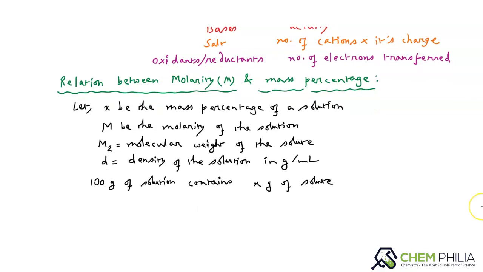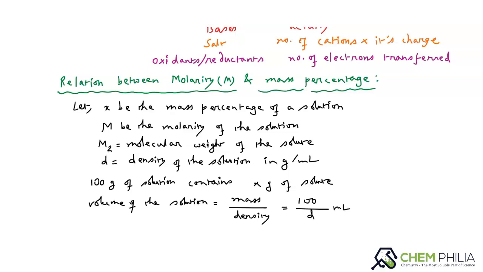Now what is the volume of the solution? Volume of the solution is mass divided by density. The mass of the solution is 100 and the density of the solution is d. Since the unit of density is gram per ml, the volume unit will be ml.